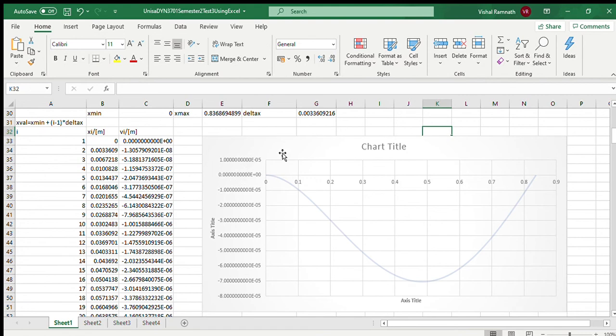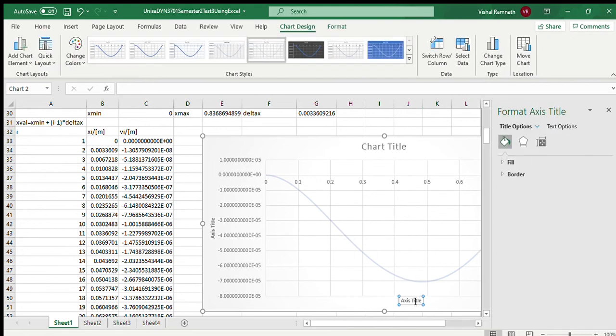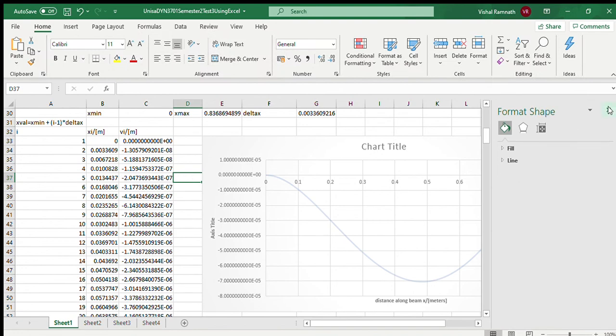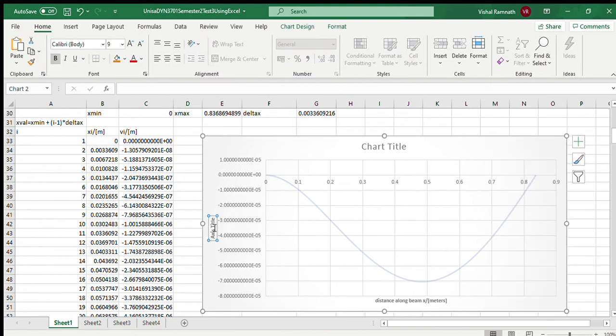This is looking good. So on the axis, I'm going to say distance along beam x in units of meters. Okay, that's the one. And then for the other axis, I can just say beam deflection V in units of meters.